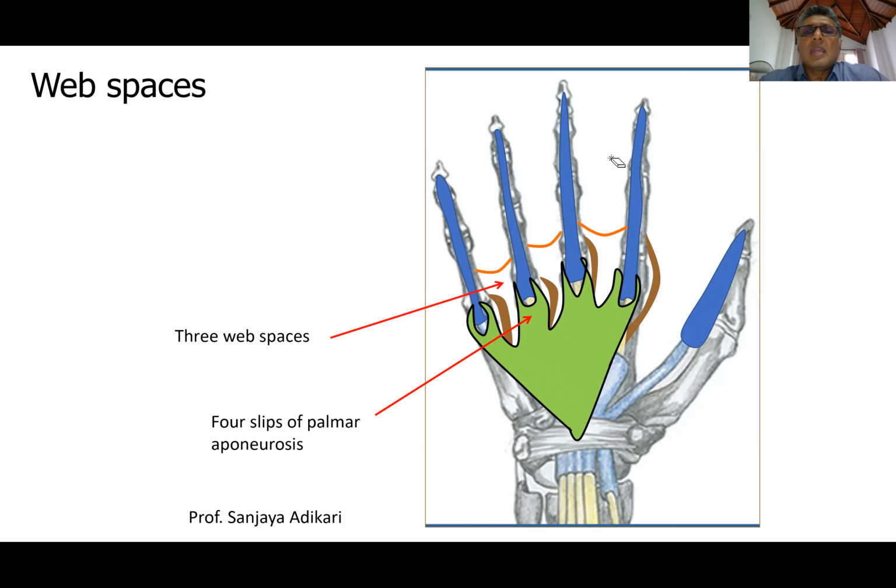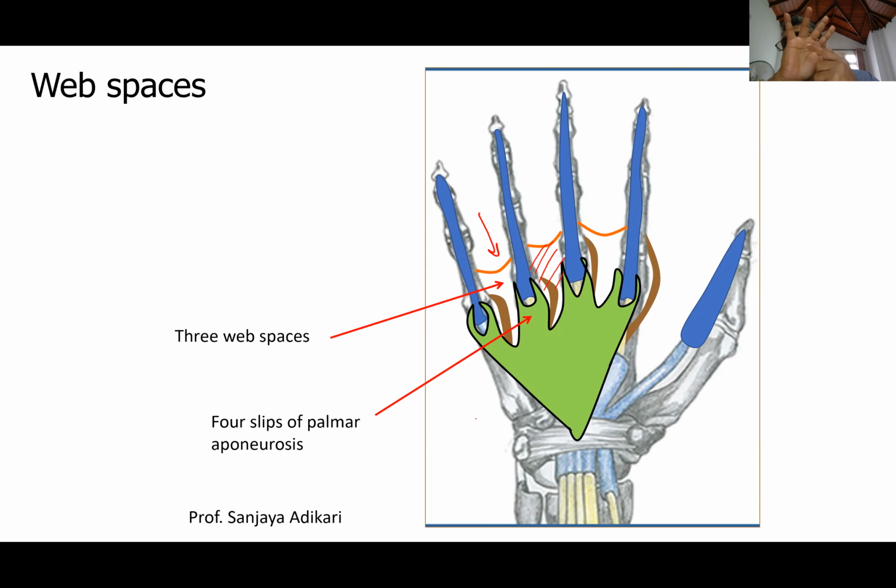So this is your skin of the web spaces, and these are the web spaces. Again, if you want to assess it on your hand, your metacarpophalangeal joints are here. If you bend it, here is your skin, so this gap is the web space.